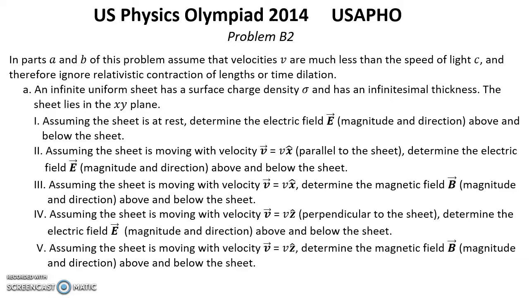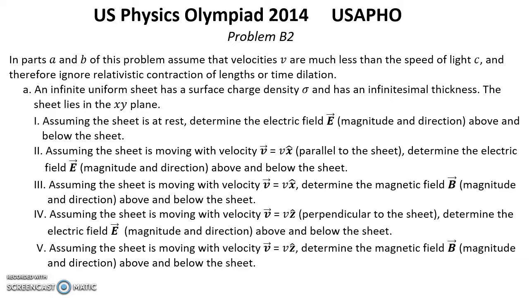Question 3. Assuming the sheet is moving with velocity v in x direction, determine the magnetic field B, magnitude and direction above and below the sheet. Question 4.